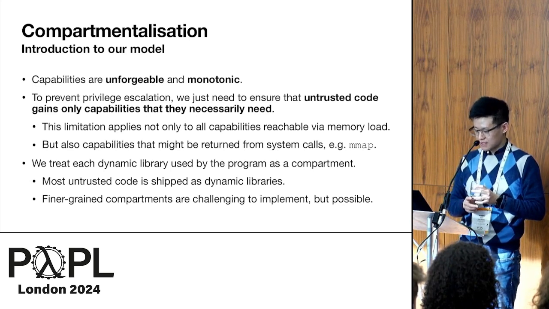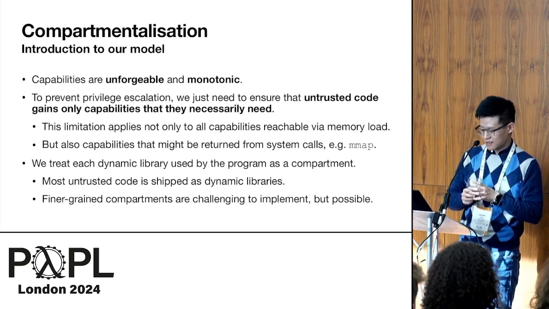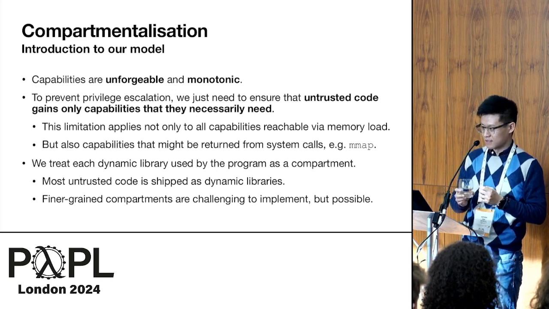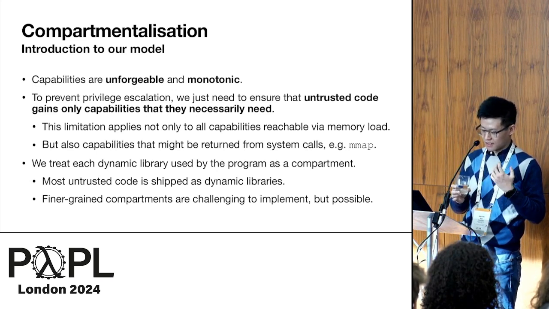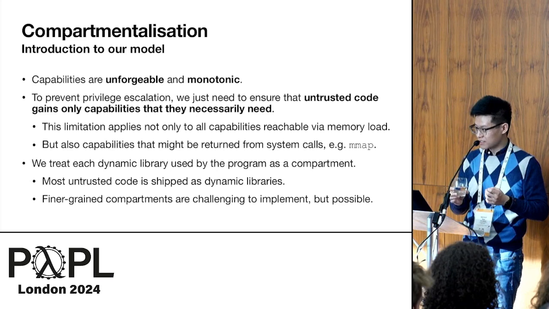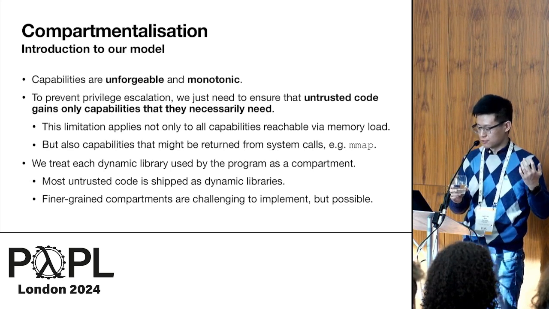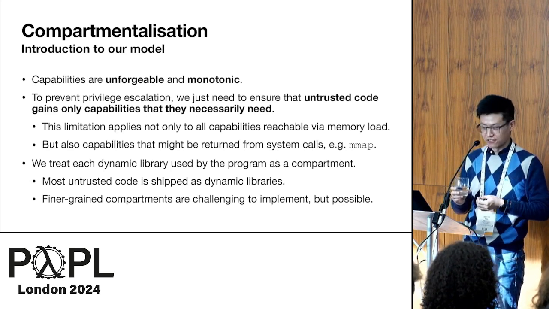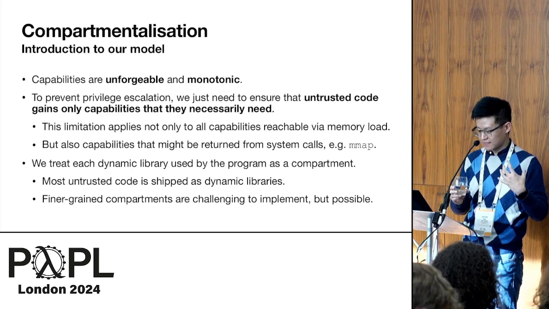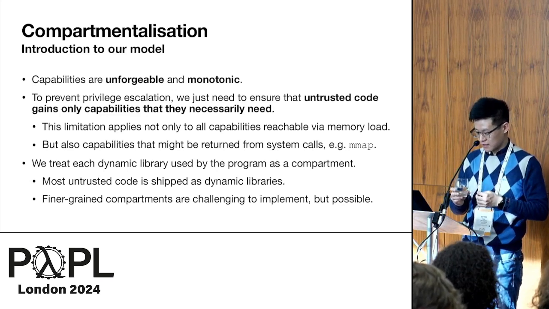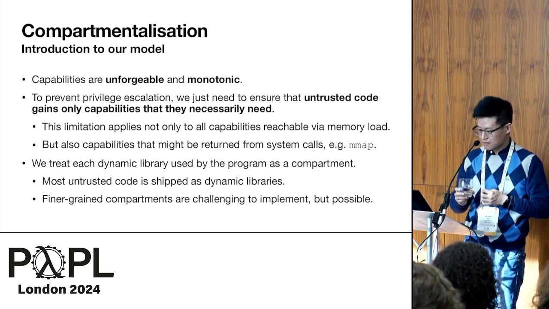We do this because of two reasons. First, most untrusted code is commonly shipped as dynamic libraries. So in common software development flow, programmers download source code from third-party vendors, and they compile it themselves and then link them with their own application as a dynamic library.